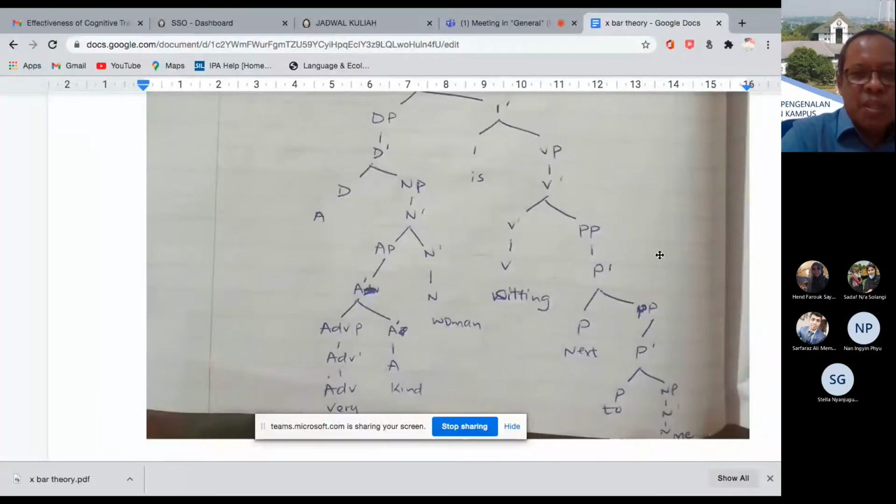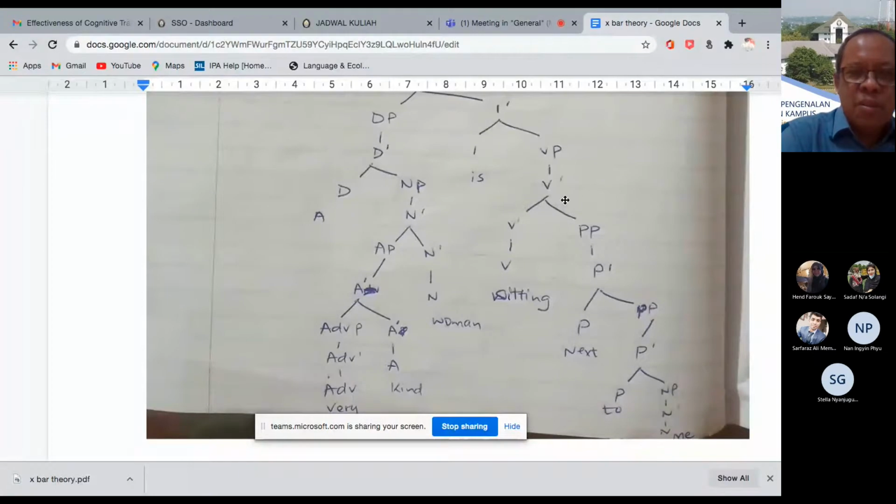Please check again. "Next to me" is the adjunct. The sister node and the mother node should be the same. This is P bar, and the mother node is also P bar. Again, this is to check whether your work is correct or incorrect. An adjunct will never have a mother node other than X bar.